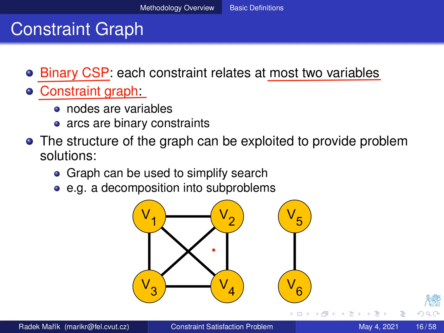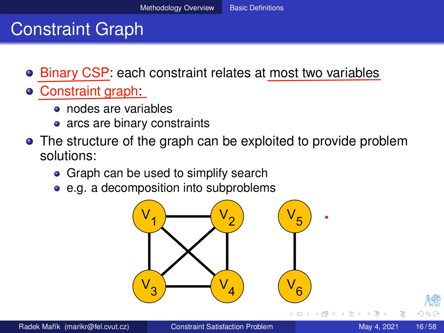Like here, for example, you can immediately say that there is a constraint between V1 and V3, between V1 and V2, no constraint between V1 and V5, and so on.